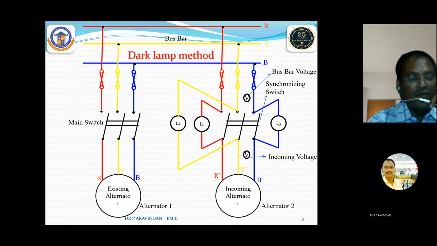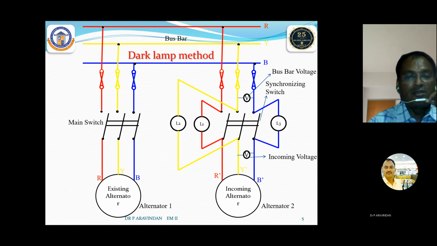So it becomes difficult to know the exact instant of zero voltage. In this methodology, we are not able to find the exact position of equal voltages and phase sequences in the dark period, because, as we already discussed, even though the bulb is dark, a small voltage may be present between the incoming bus bar and the existing bus bar.